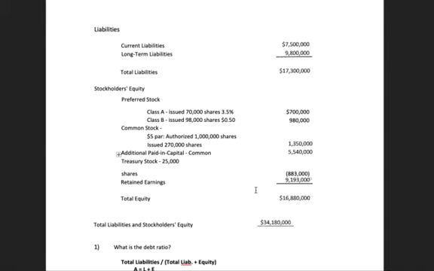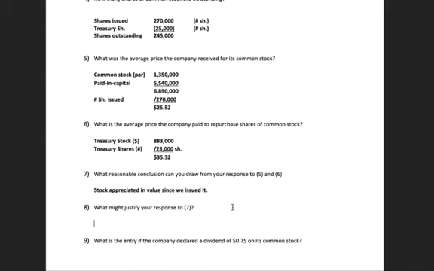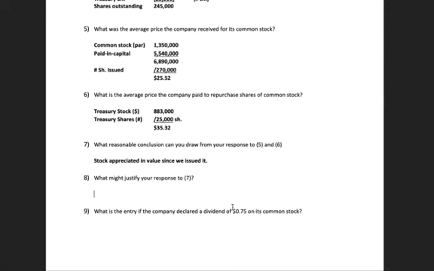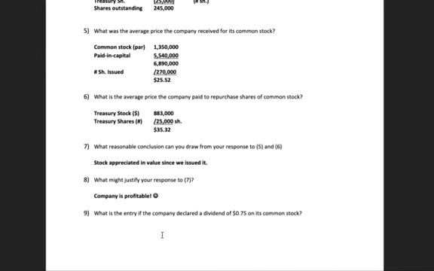That positive retained earnings shows that the company is maintaining profits. It's profitable. It's getting that residual profit from net income, and it has money to pay dividends. It has actual cash and retained earnings to pay out to its preferred shareholders and common shareholders. So what might justify a response to 7? It's just going to be that the company is profitable. Sweet. Things are going good.